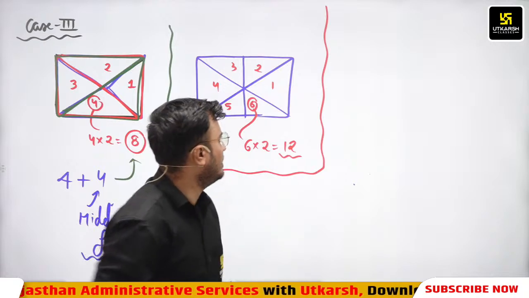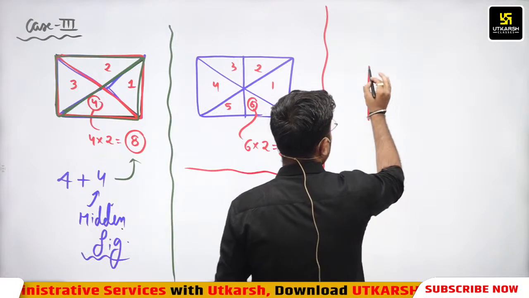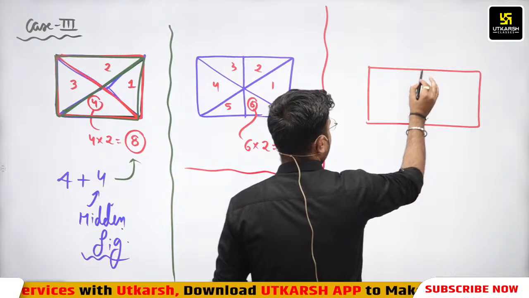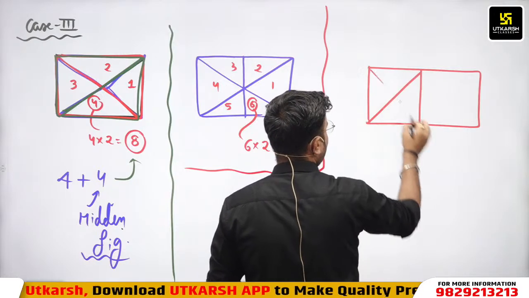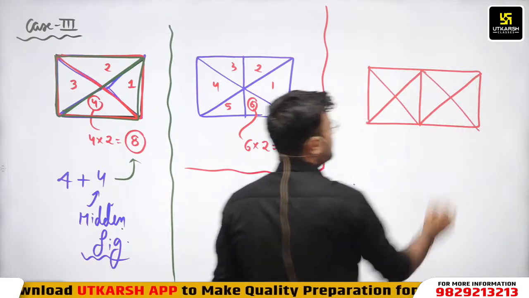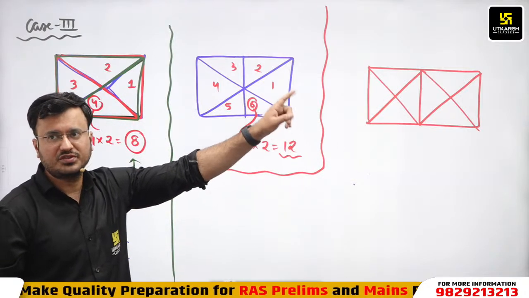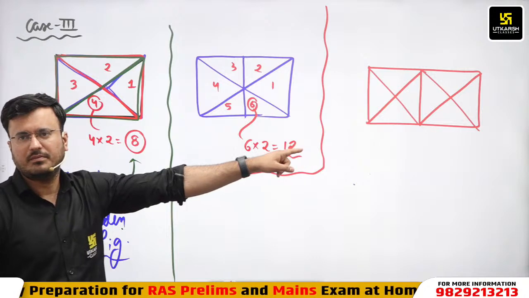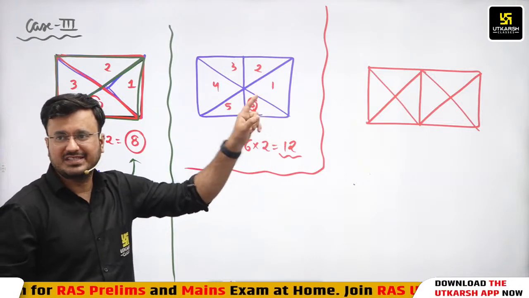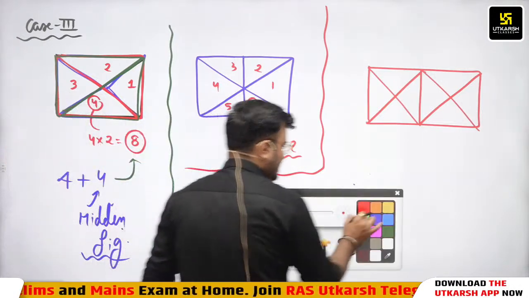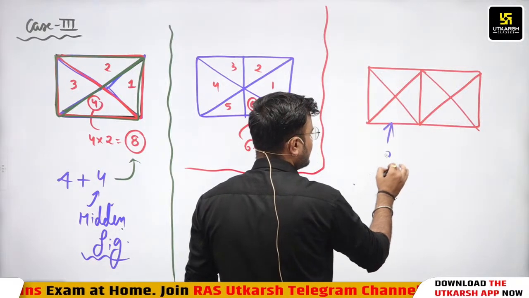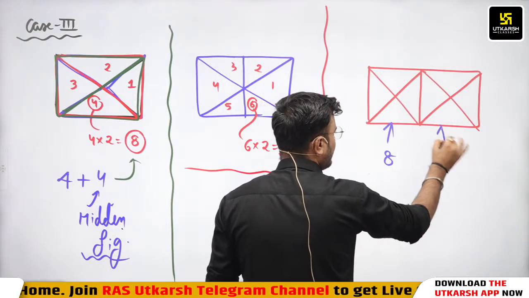For example, if I draw this figure and ask how many triangles are there, you can see in this figure we are using two same basic figures. So this figure will contain 8 triangles.